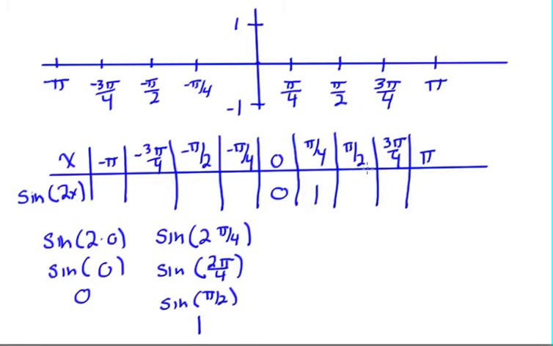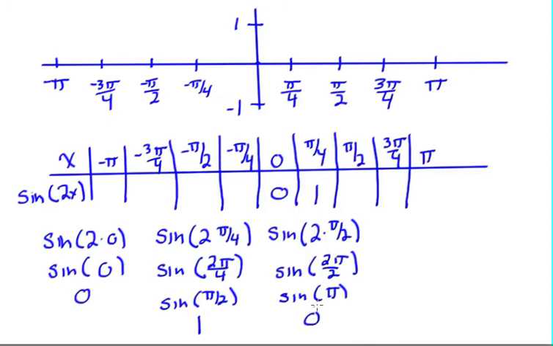Let's continue on to our next coordinate point here. Sine of 2 times pi over 2. Multiply 2 times the numerator. 2 times pi is 2 pi over 2. Reduce it out to the sine of pi, and we know that should be 0.